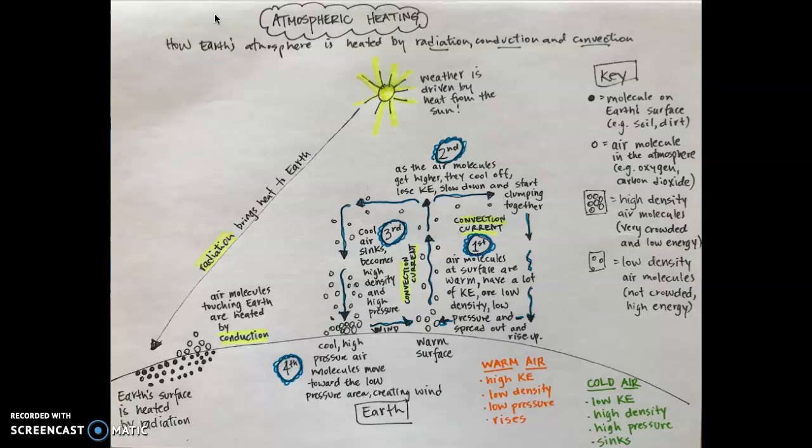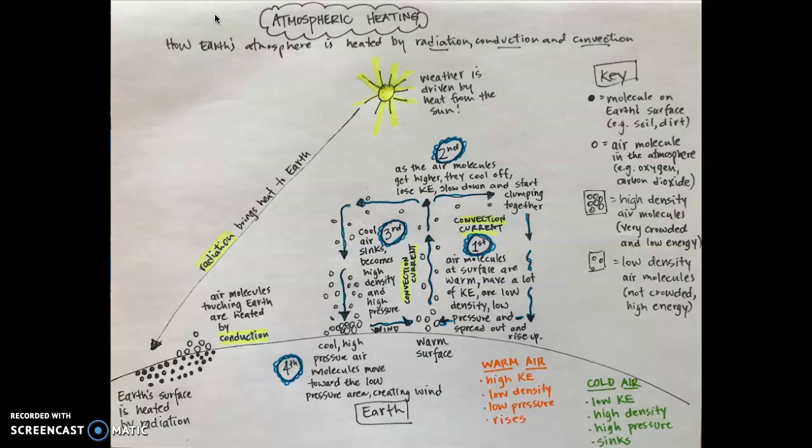It's also low pressure because if they're spreading out and they're far apart from one another, they don't have a lot of air molecules on top of them, and they're not being pulled down by gravity as much because they have a lot of their own kinetic energy causing them to move around. So in that first step, air molecules at Earth's surface have a lot of kinetic energy. They're not crowded.